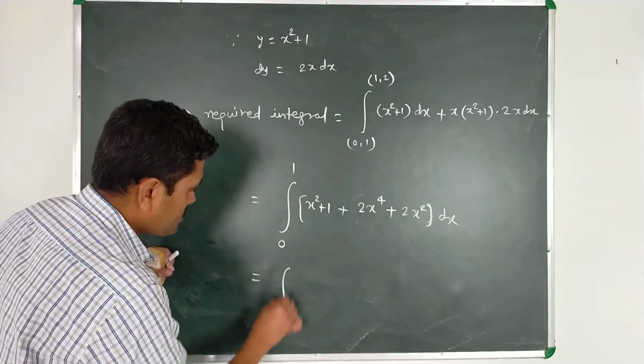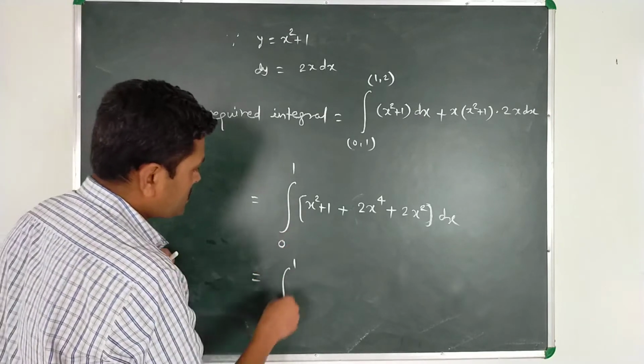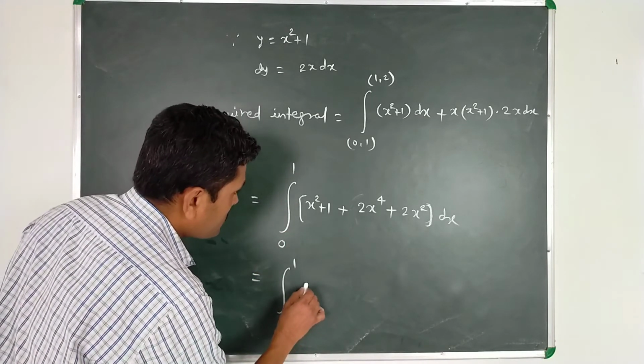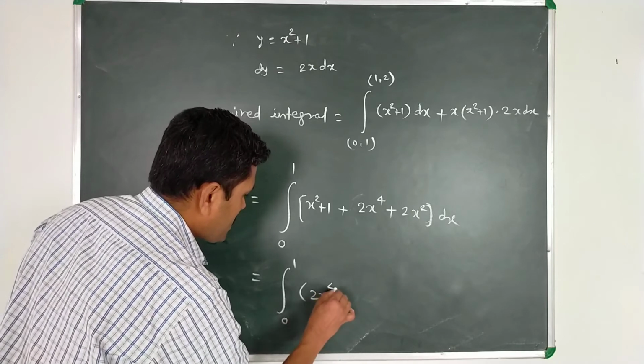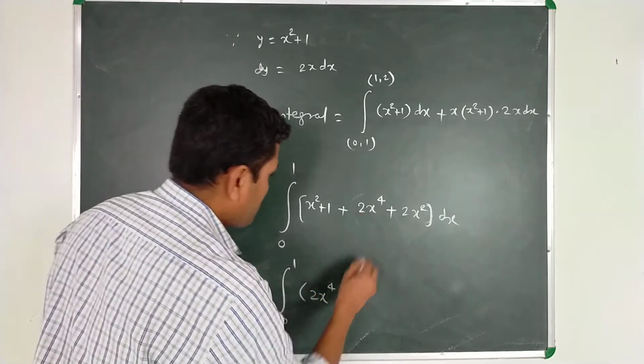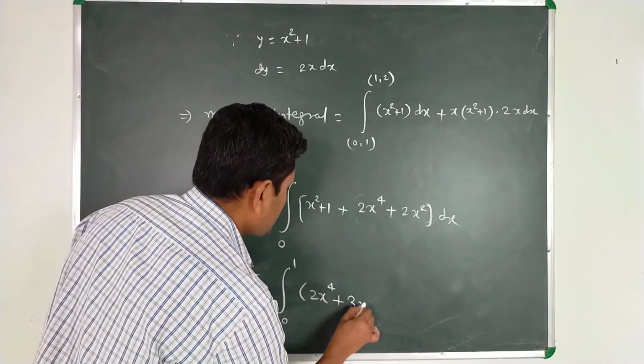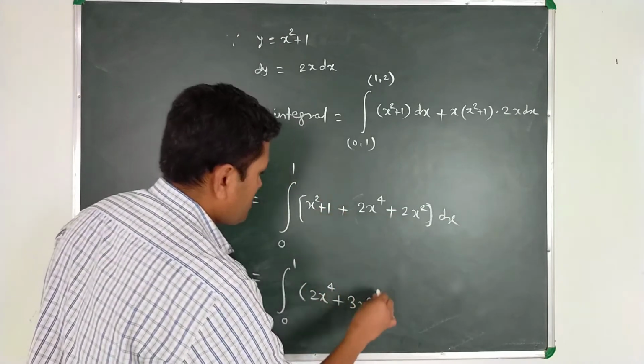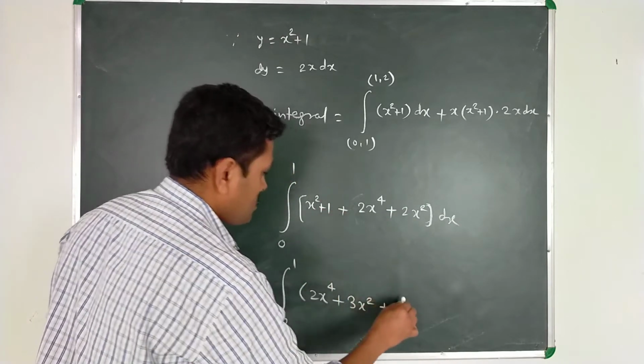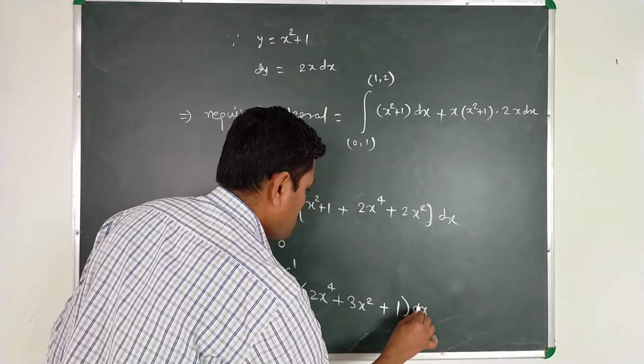Finally this may be simplified as the integral from 0 to 1 of 2x to the power 4 plus 3x square plus 1 into dx.